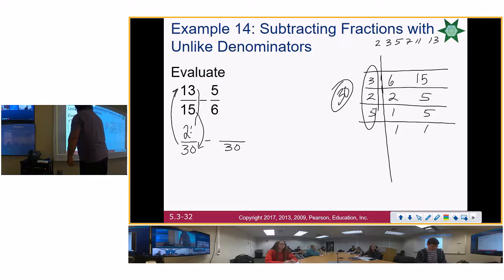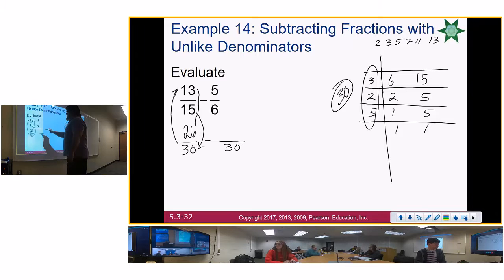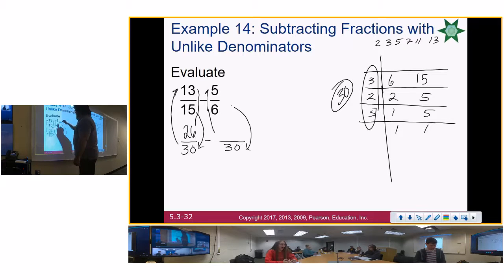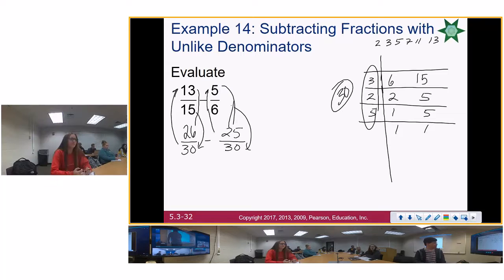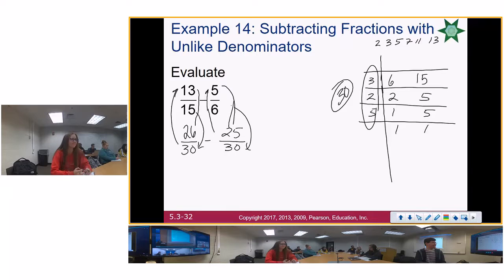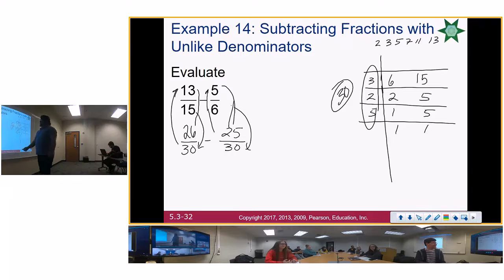That's right, class. 6 will go into 30 how many times? 5. 5 times 5 is 25. What is 26 minus 25? 1. So 1/30th is your answer.